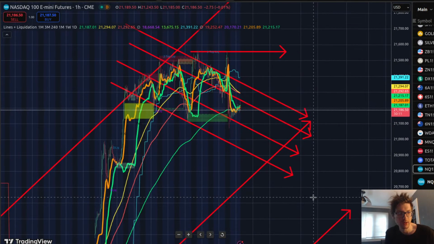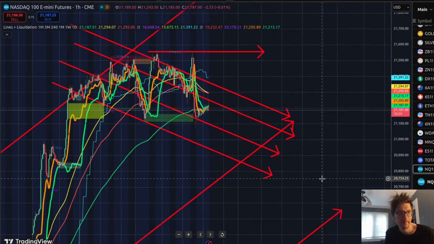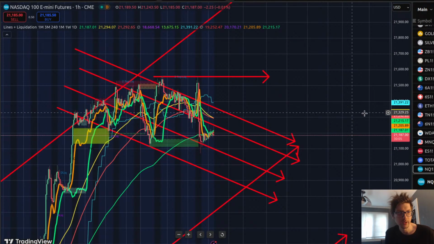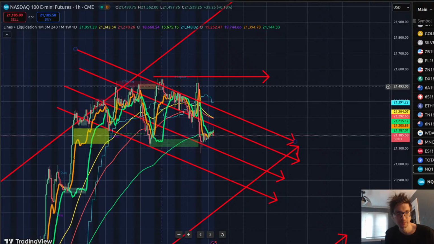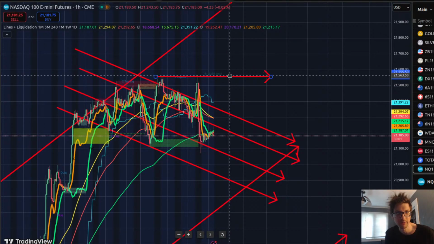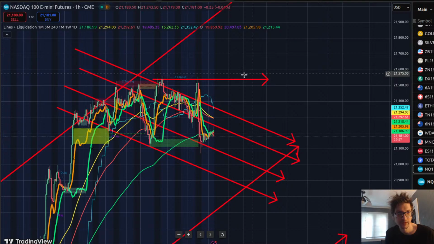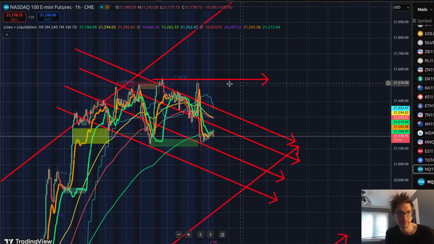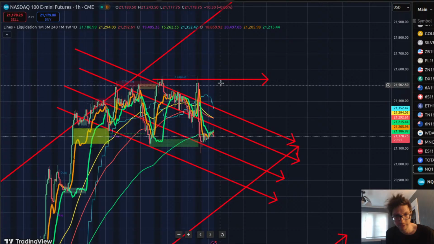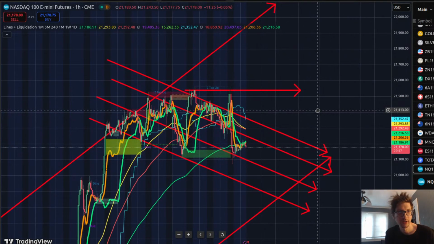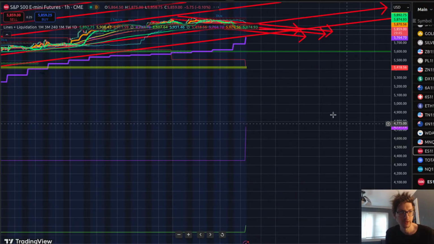It might keep going down before it does that, and even after it makes that reversal, we still need to break above this level right here, this line. Because if we can't break above that, then we're gonna go to the downside again. We're gonna test this level as a resistance level.